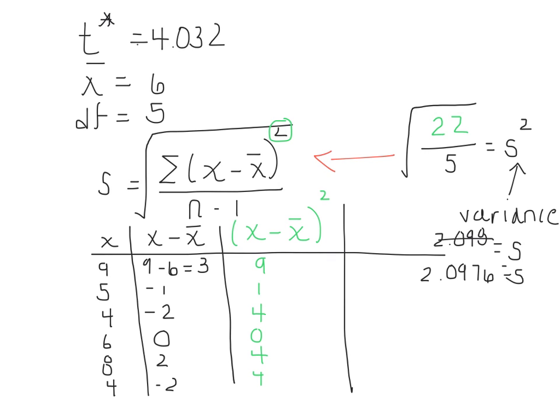Okay, so the average spread away from that mean of 6 is a little more than 2. Okay, so now we have all of the values necessary for our confidence interval. The formula is again displayed in blue. Our sample average x bar was 6. Our critical value that we got from our table of critical values for the t distribution, because we're talking about means, was 4.032. We now know that the standard deviation of our sample, rounded to 4 decimal places, is 2.0976.